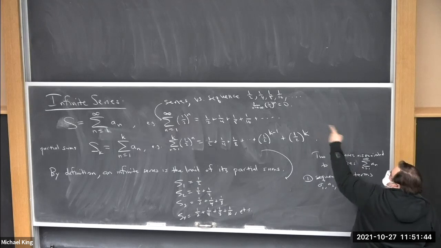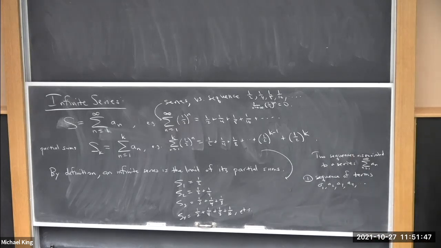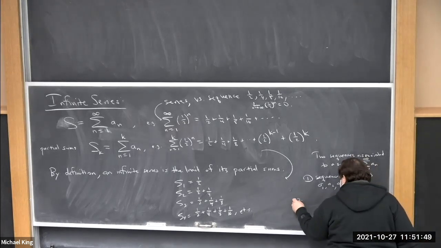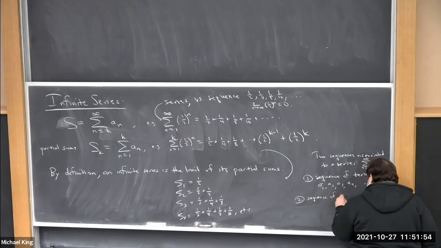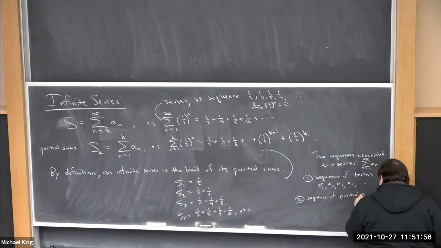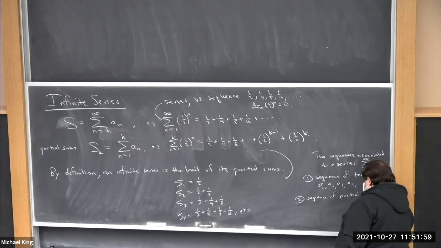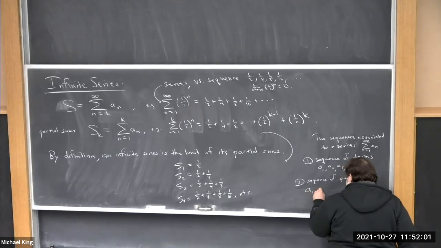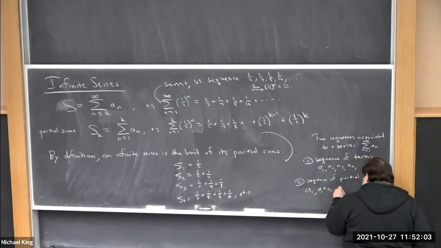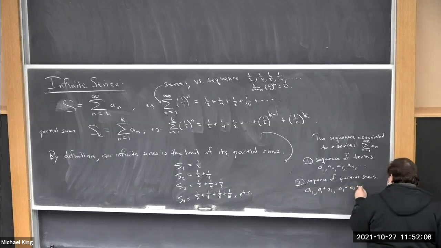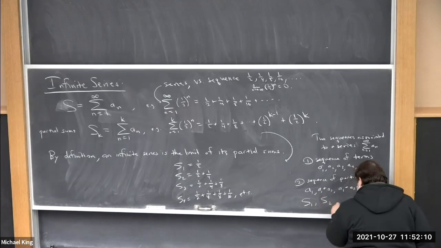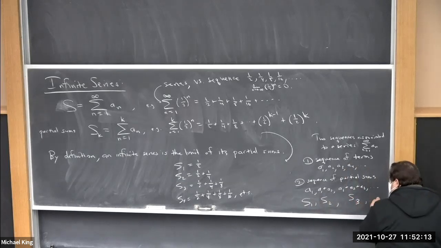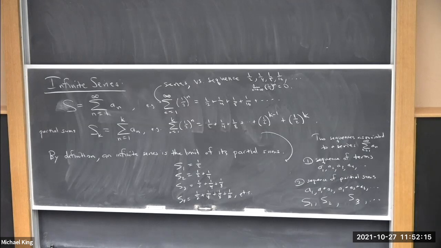That's like the sequence I wrote up there. Versus the sequence of partial sums: a sub 1, comma, a sub 1 plus a sub 2, comma, a sub 1 plus a sub 2 plus a sub 3, which is really s sub 1, s sub 2, s sub 3. That's the same thing. Does that make sense?